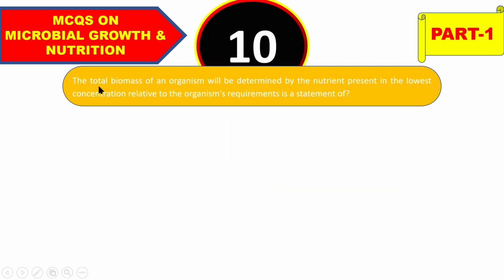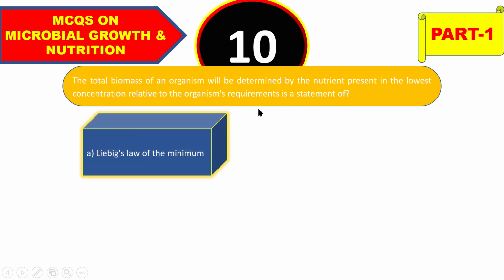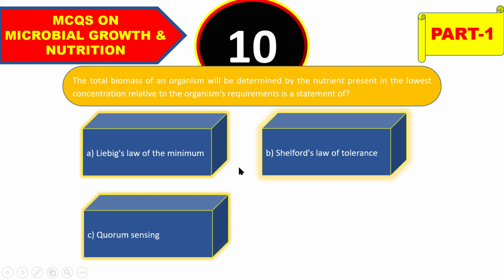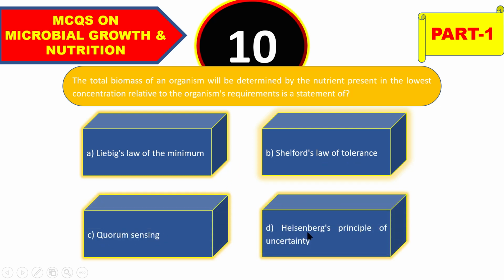So next is the total biomass of an organism will be determined by the nutrient present in the lowest concentration relative to the organism's requirement is a statement of Liebig's law of minimum, or Shelford law of tolerance, or quorum sensing, or Heisenberg's principle of uncertainty.